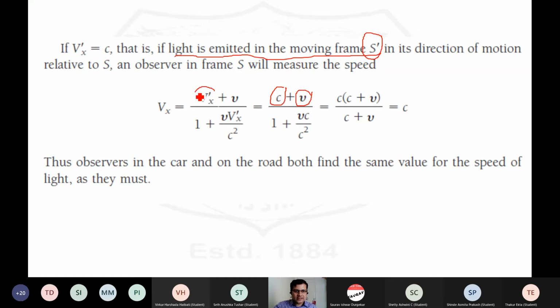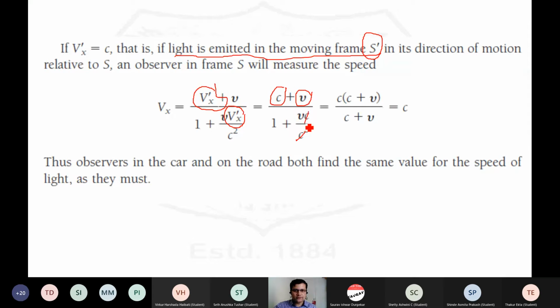So your vx prime is c over there. You just add the value of vx prime as c plus v in the numerator, and in the denominator you have 1 plus v times vx prime. Now vx prime is c, so v c divided by c square.